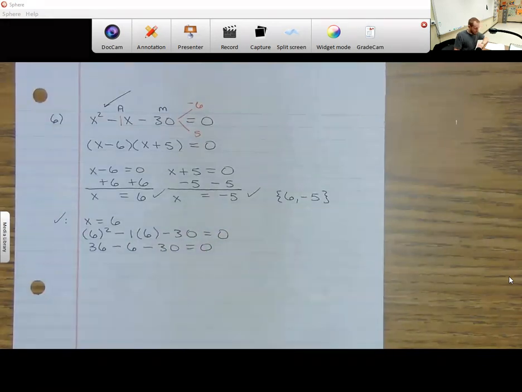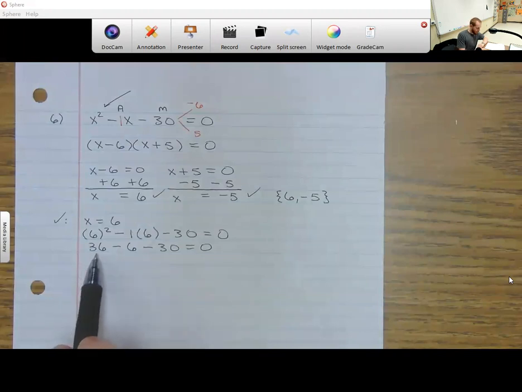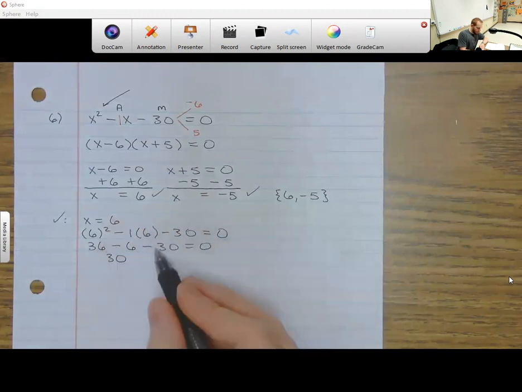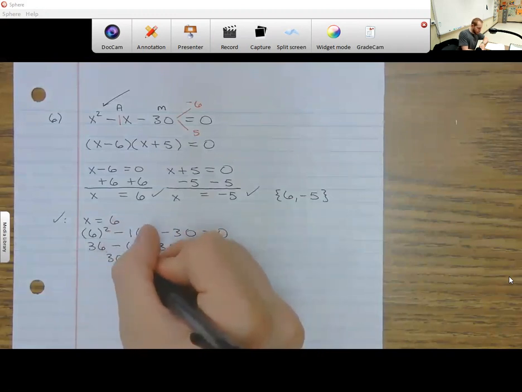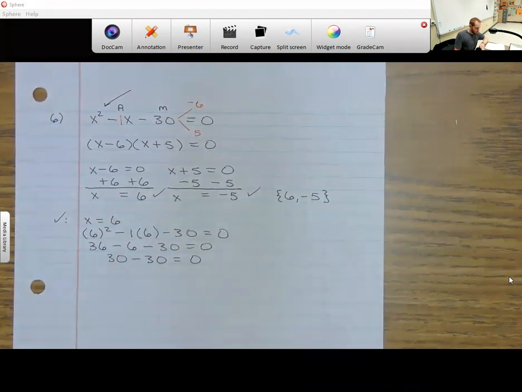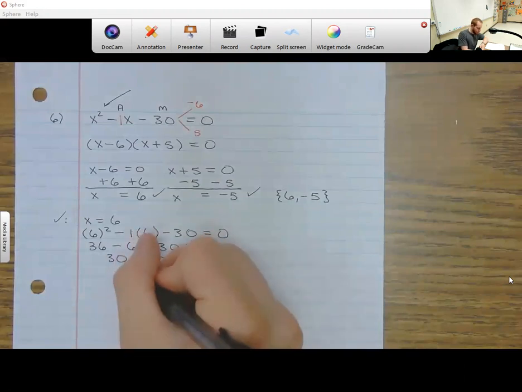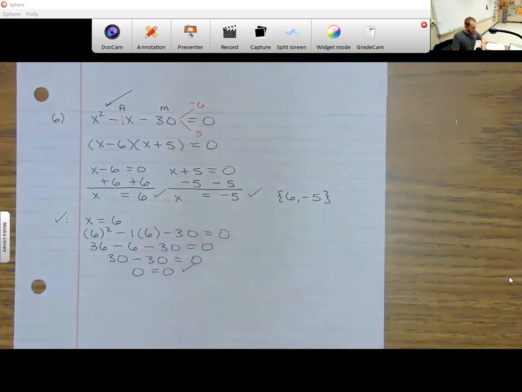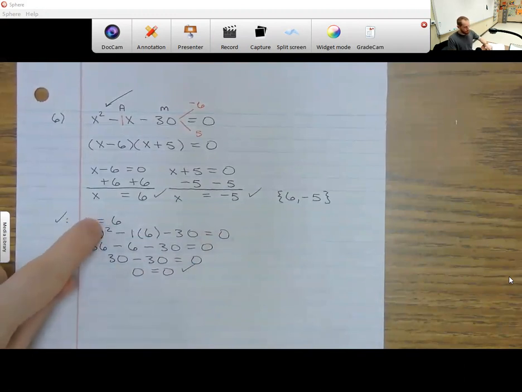So now it's just a matter of subtracting. I know that 36 minus 6 is going to give me a positive 30. I've still got this minus 30 over here, so I have to bring that down. And everything is still equal to 0. And then 30 minus 30 is 0, indeed. So I know that 6 is going to be one of my answers, definitely.